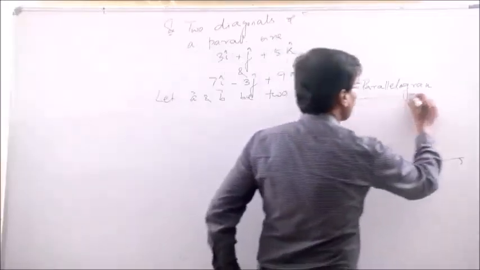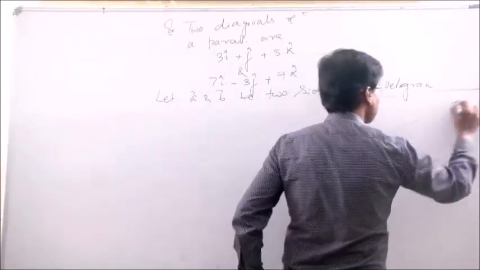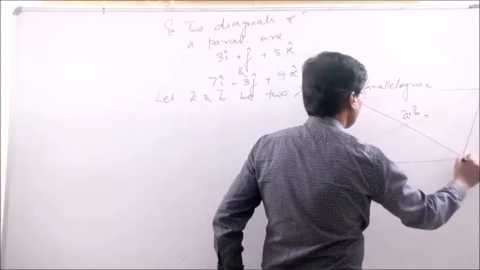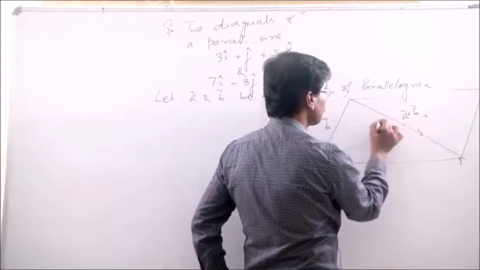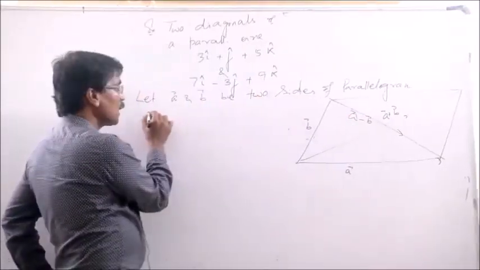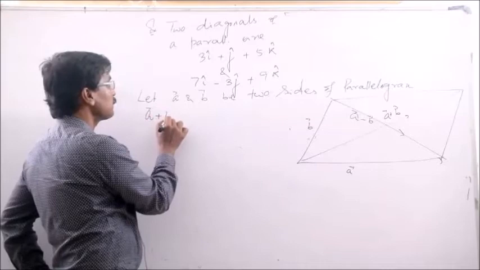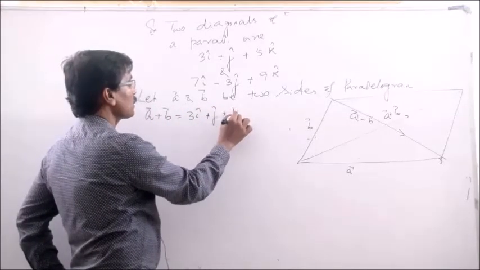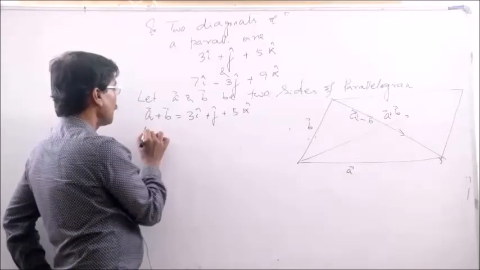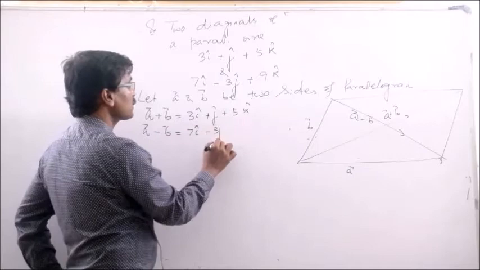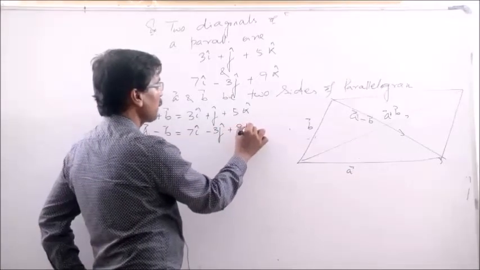Then its diagonals are A plus B and A minus B. So A plus B is equal to 3 i cap plus j cap plus 5 k cap, and A minus B is equal to 7 i cap minus 3 j cap plus 9 k cap.